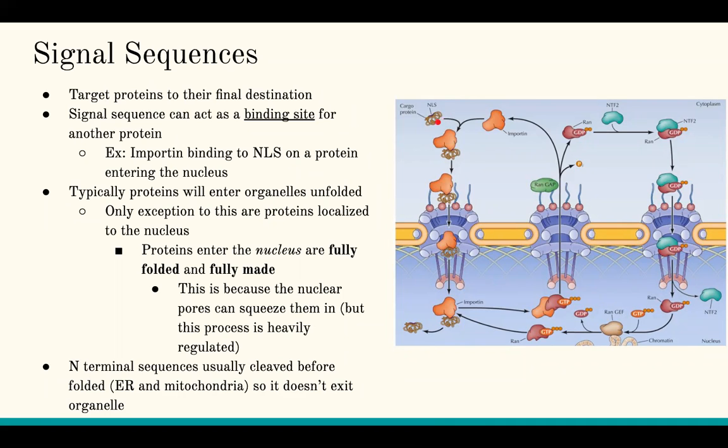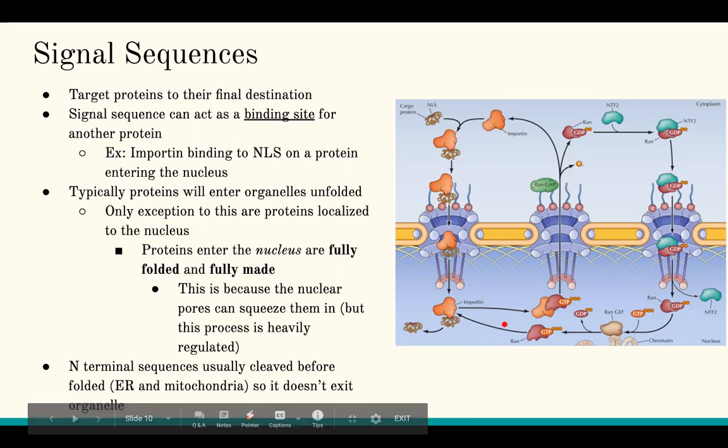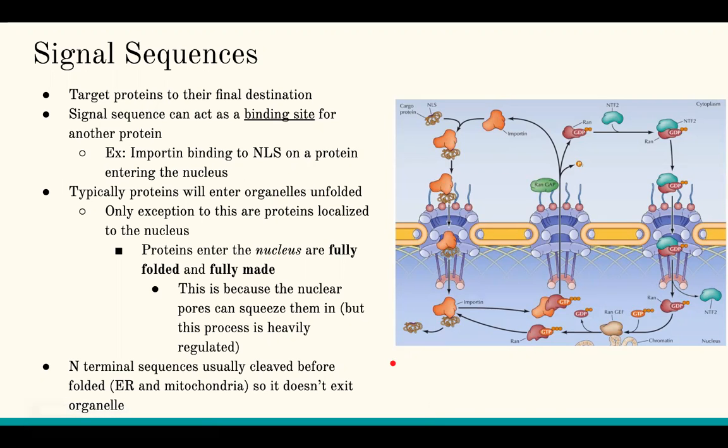The signal sequence, which is located on the exterior surface of the protein, is recognized by another protein called importin. Importin will bind to that and bring the protein through the nuclear pore complex into the nucleus. This blue space is the nucleus. So that's what we mean when we say signal sequences can act as binding sites for other proteins.